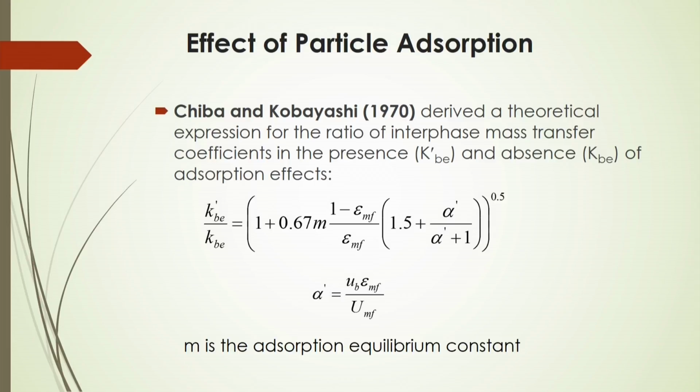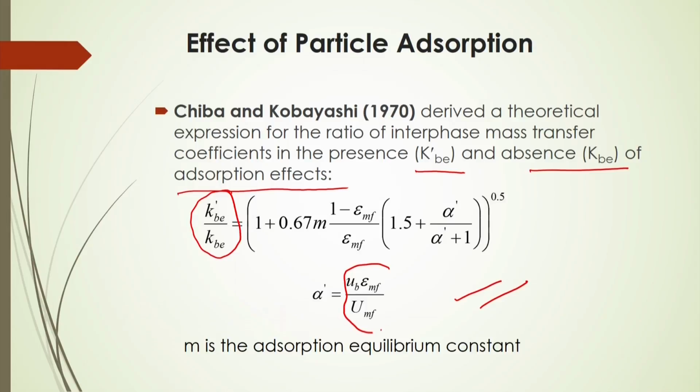Now, if there is particle adsorption, what will be the effect of particle adsorption inside the bed? Shiba and Kobayashi, 1970, derived a theoretical expression for the ratio of the interface mass transfer coefficient in the presence of adsorption, KBE dashed, and in the absence of adsorption, KBE. This is represented by this equation, where alpha dashed is represented by this parameter.